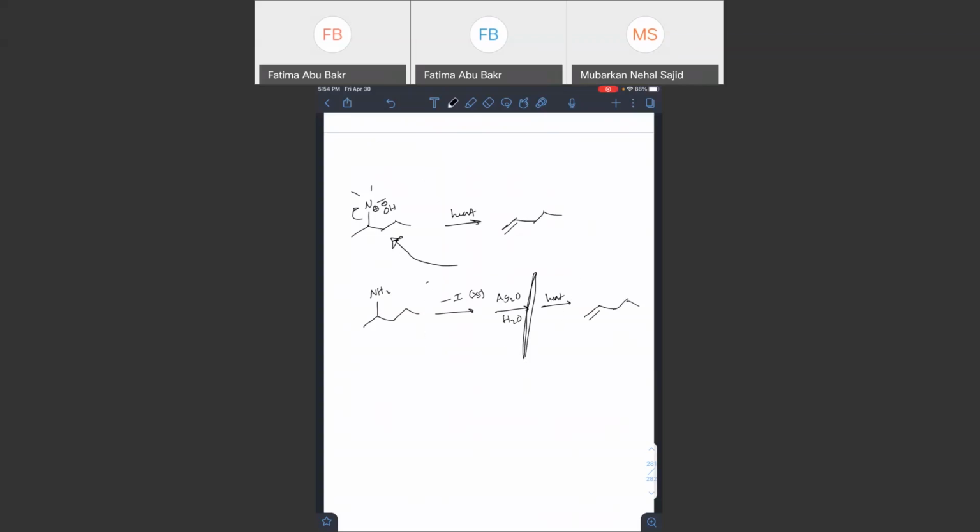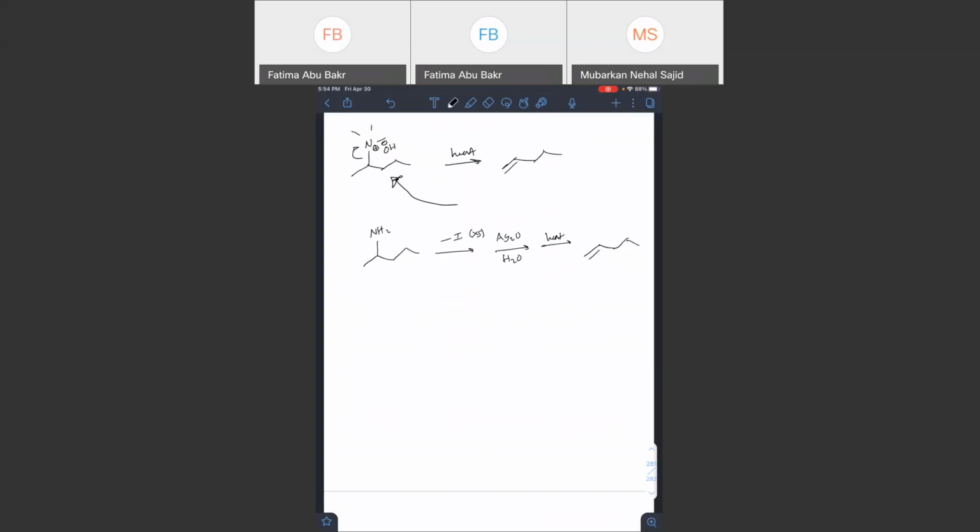If you want to know each of the steps, that first step is just to add on a whole bunch of those methyls, as many as possible. So we'll add on 4 of them and it'll have a positive charge. The Ag2O is to turn it into a salt, so it'll be the same thing, but it'll have an OH next to it.